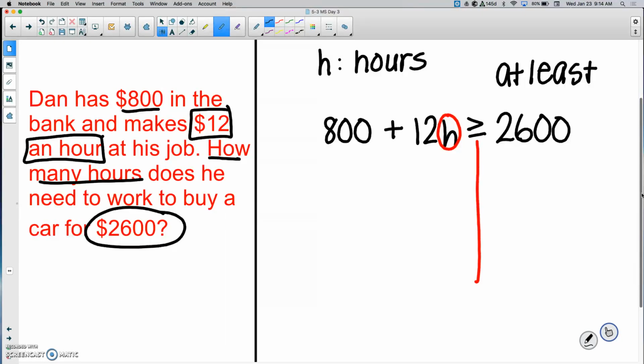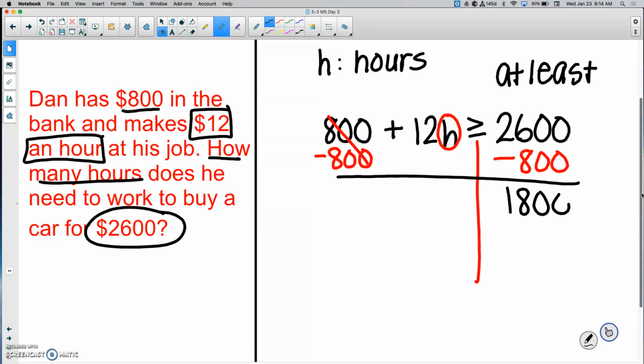Now to solve this, let's subtract the $800 that he already has. So subtract 800, and we've got $1,800 that he's trying to earn. So then if we divide by 12, we will figure out how many hours he needs to work.